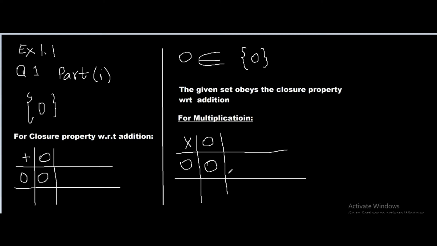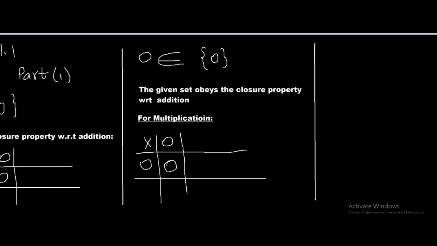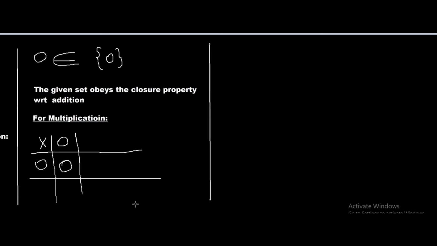Now again a similar situation has arisen. Whatever we did in the previous section for addition, the similar thing is happening with multiplication. Again a similar thing has been produced. So you can say that 0 belongs to the given set, because the result is 0. So you write again 0 belongs to the given set.